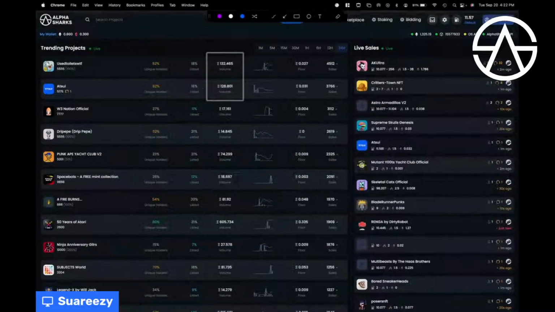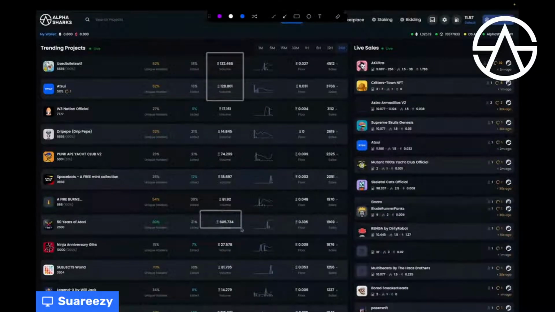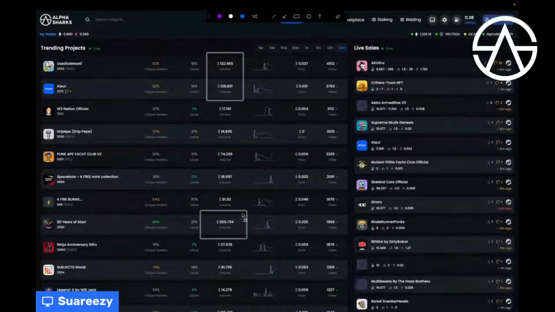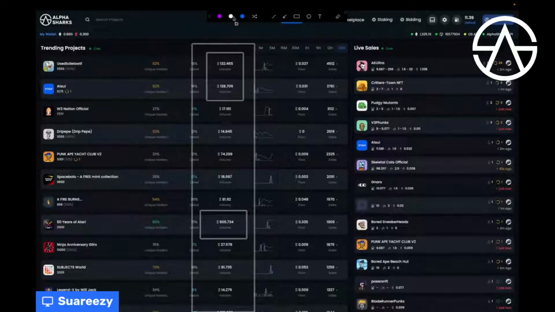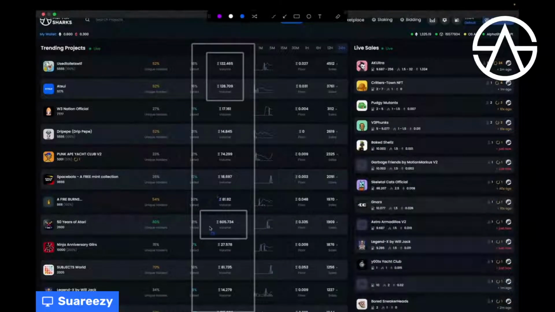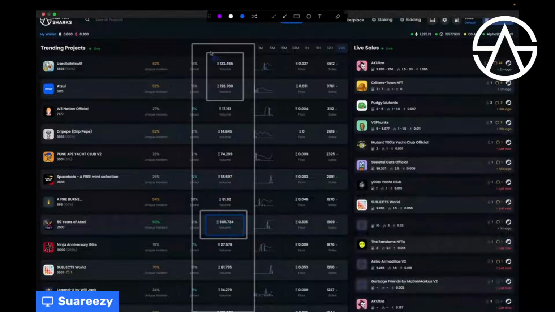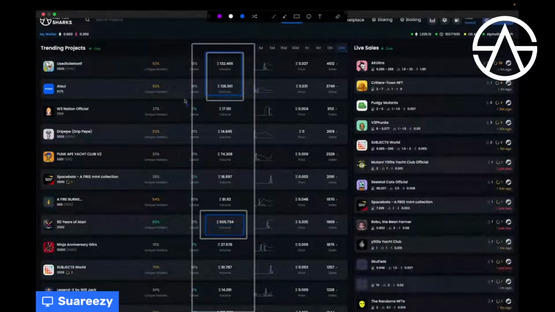Going down, this one pops out. 605 ETH volume traded. This is blowing out every other volume in this whole column. This should be sticking out to us because this is actually 6 times the amount of volume traded from the top two projects here.